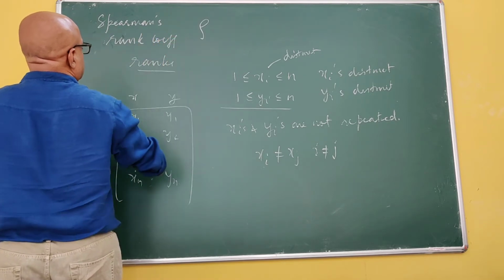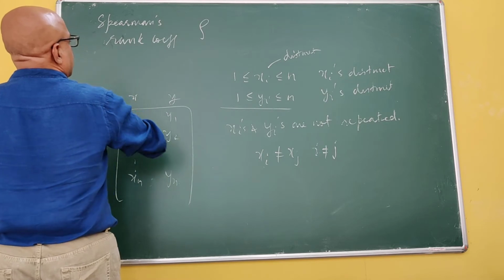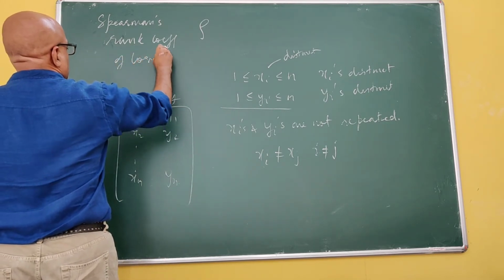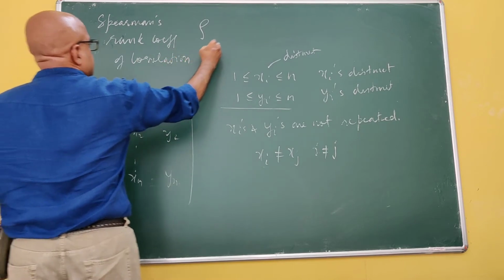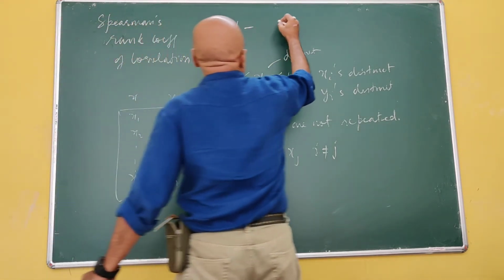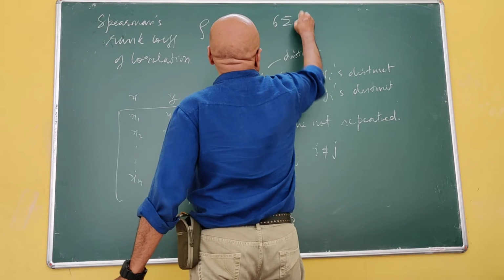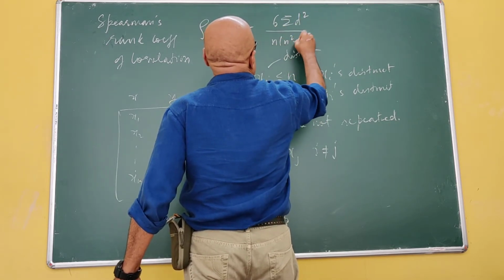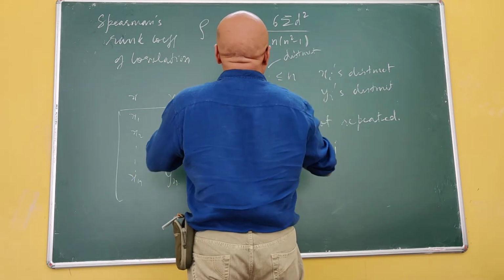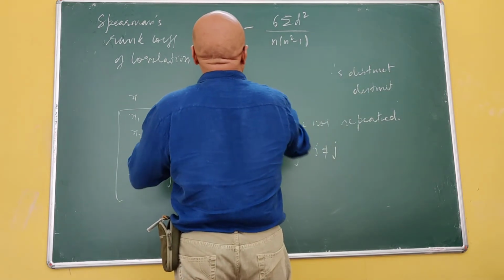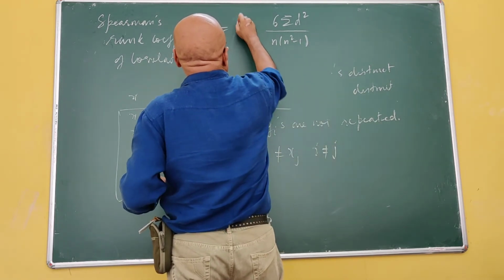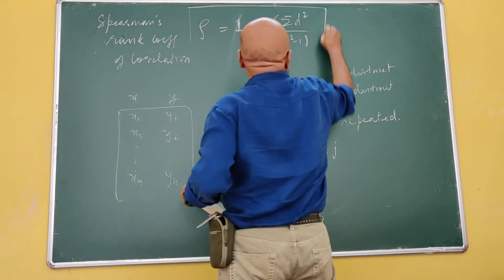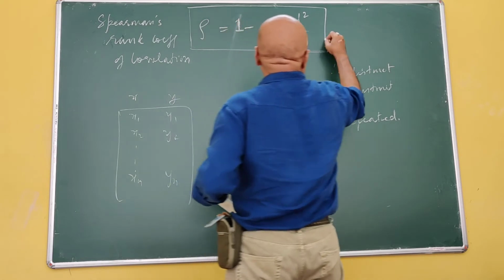It actually turns out to be 1 minus 6 times summation d square divided by n into n square minus 1. We can prove this, and that's not difficult, if you use Karl Pearson's correlation coefficient on the ranks.